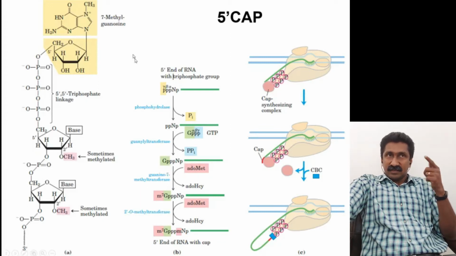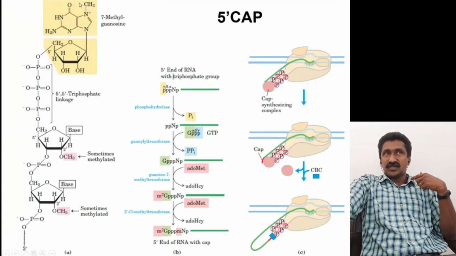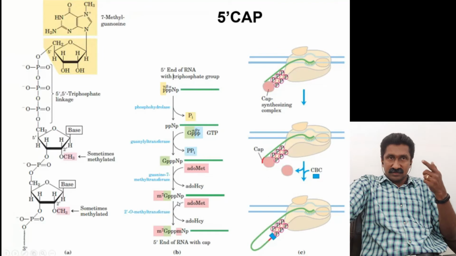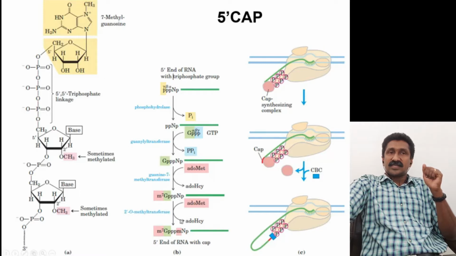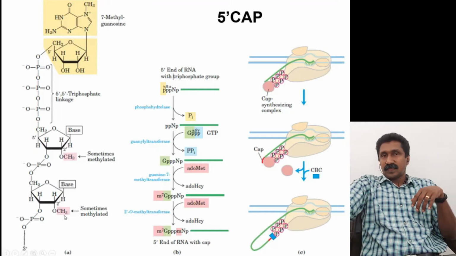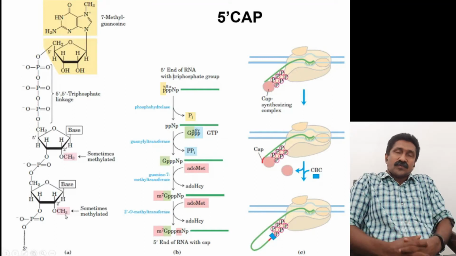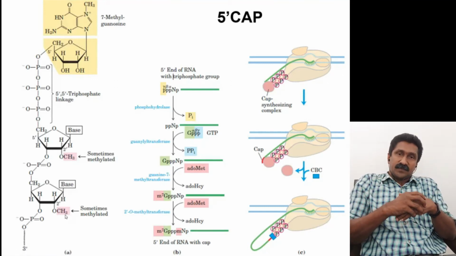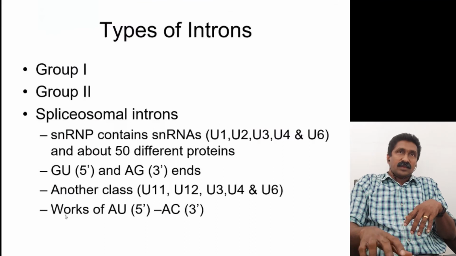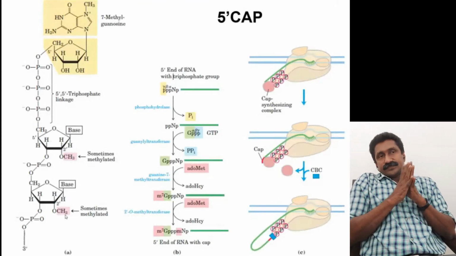Then the methyl group on the guanine residue is attached using the guanine 7-methyl transferase. Then 2-O-methyl transferase or additional methyl transferase enzymes will methylate these subsequent residues. So this is the overall process of 5' capping. Is it clear?